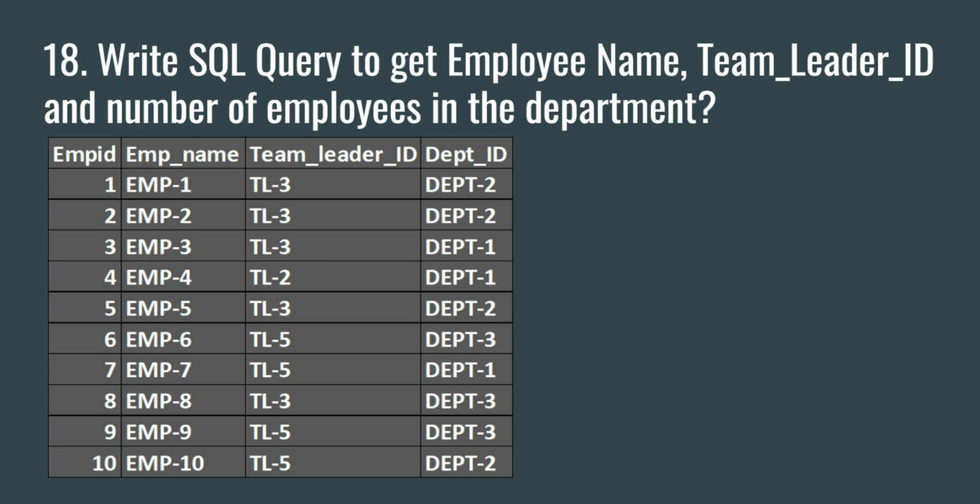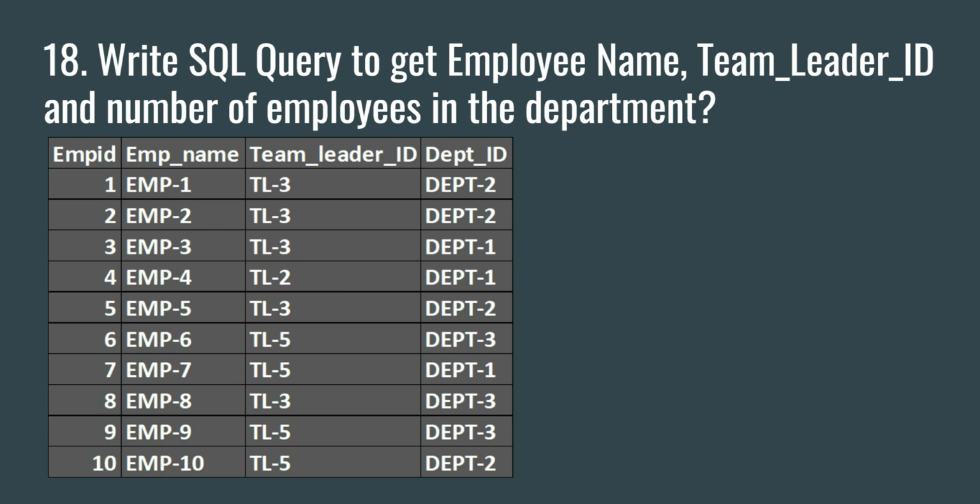If you think about it, in department 2 there are 4 different rows: row number 1, row number 2, row number 5 and row number 10. So you might say that department 2 has 4 employees, but that would be incorrect, because department 2 has team leader 3 also, and team leader 3 is repeating in row number 2, row number 1 and row number 5 for department 2, and then there is a new team leader TL5 in department 2 in row number 10.